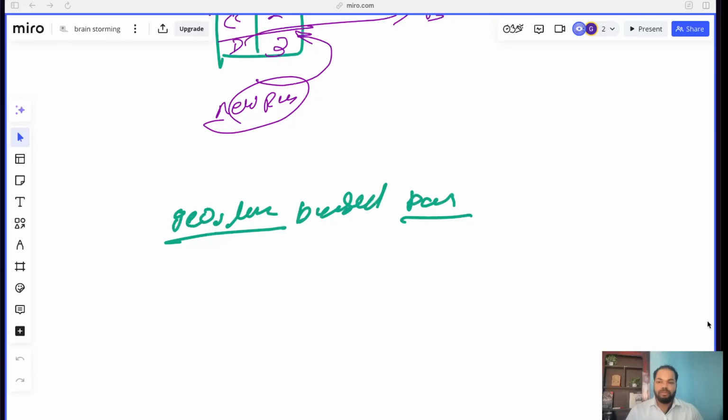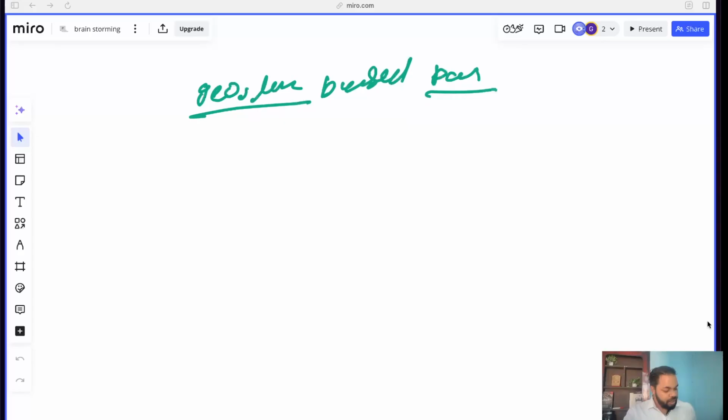This works for big giant companies that have a lot of data, and for streaming services, where you have to have data location-wise. So it's pretty simple.